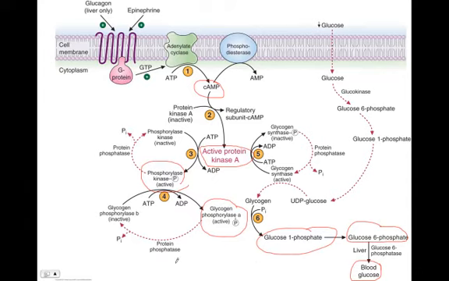This is the mechanism by which glucagon or epinephrine can regulate glycogenolysis in the liver. Keep in mind the mechanism by which epinephrine regulates glycogenolysis in the skeletal muscle is slightly different, and you should feel free to revisit that.